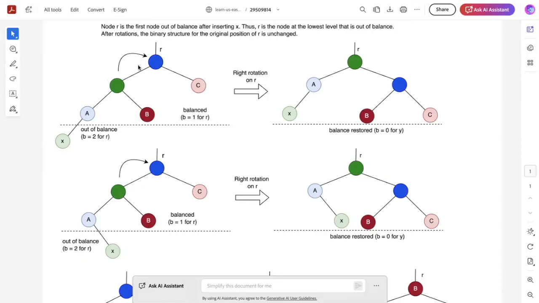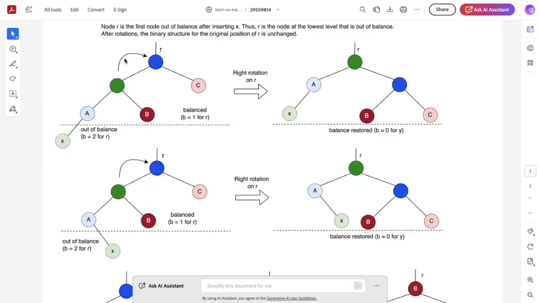In this situation, the new node X is inserted so that now the blue node is the first one from the inserted node on the same path that's off balance. Look at the same path: it has its parent, grandparent, and the blue node.